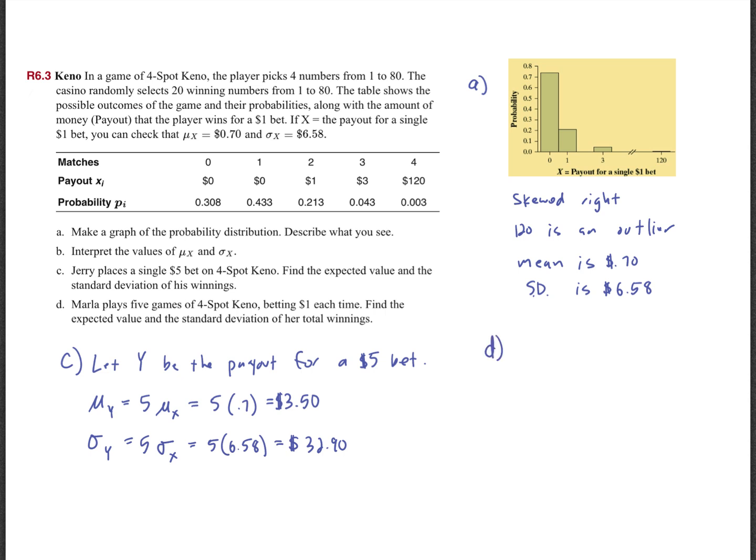Okay, for D. Maria plays 5 games of 4-spot Keno, betting $1 each time. Find the expected value and standard deviation of her total winnings. This problem is kind of showing you the difference between making a $5 bet or 5 $1 bets. They're not the same thing.